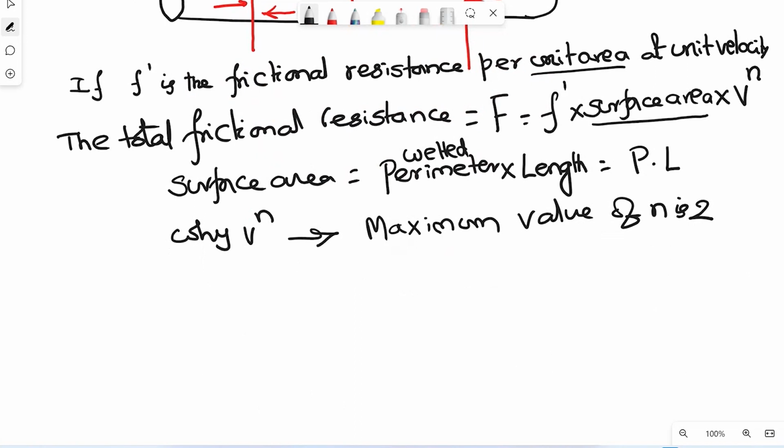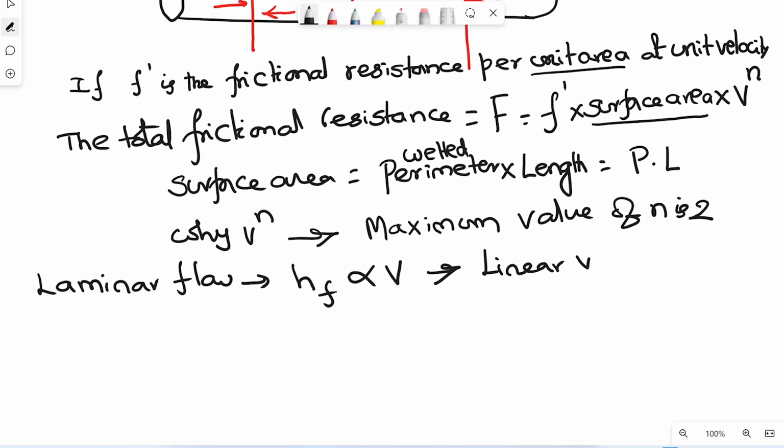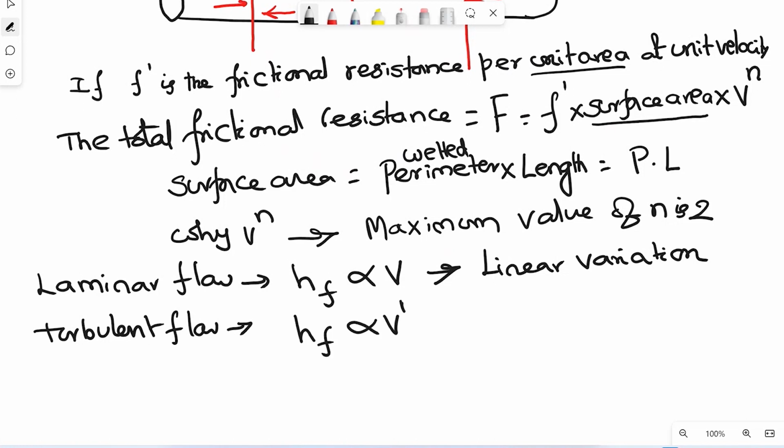So here I want to impress upon you that in case of laminar flow, the head loss is proportional to velocity. They vary linearly with velocity. It is linear variation. Whereas in case of turbulent flow, hf is proportional to V to the power of n basically. It is what we call the logarithmic variation.